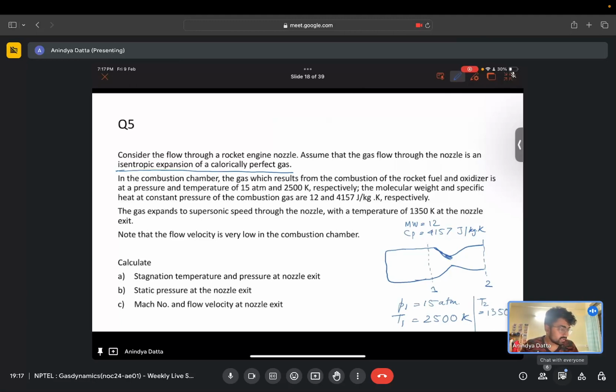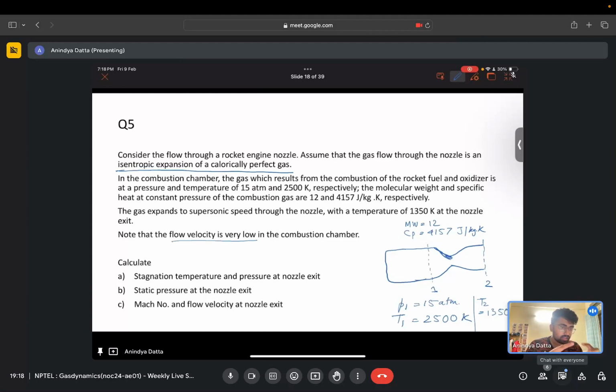Note one thing: the flow velocity is very low in the combustion chamber, as in rocket motors. Unlike aircraft or air-breathing engines, where air flow and fuel flow come in, combustion happens and it leaves, in rocket engines the fuel and oxidizer are stored.